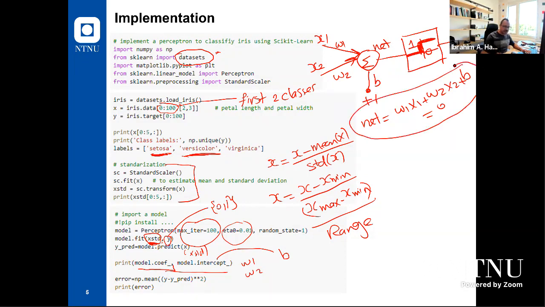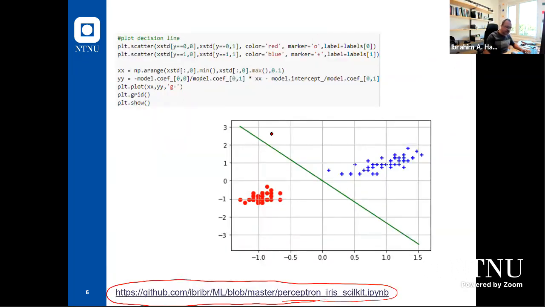So the equation of this green line will be omega 1 x1 plus omega 2 x2 plus b equals 0. The blue set above the line we will call the positive one. So all values above the line will be positive, and all values below the line will be negative.